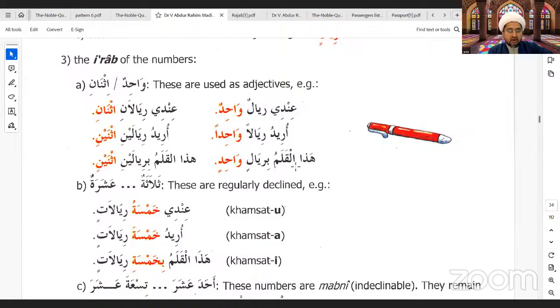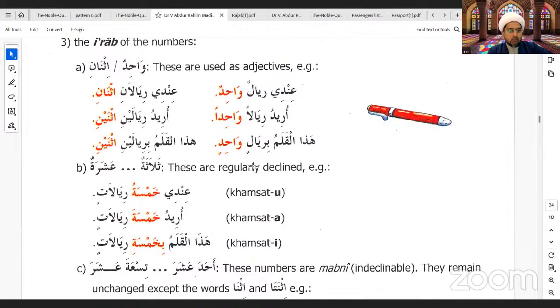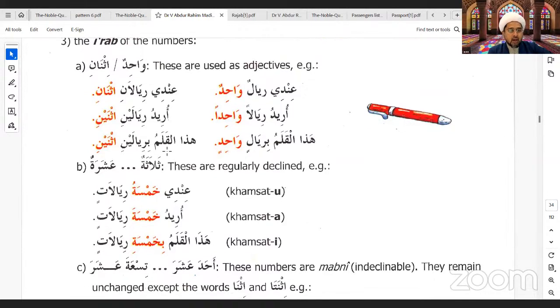And finally, in the third case of majroor, هذا القلم بريال واحد, this is for 1 real. So rialan wahidan sifa mawsuf, because it's number 1 singular. But when you go to dual, هذا القلم بريالين اثنين.